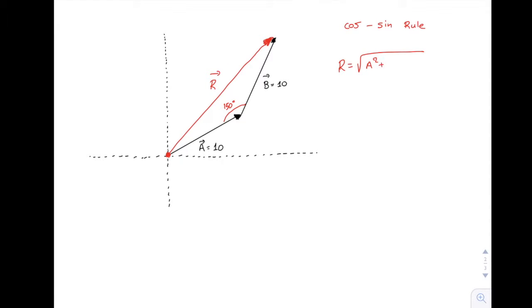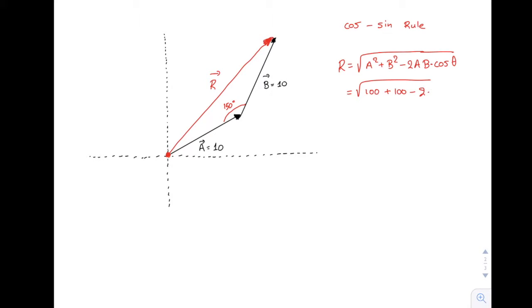In this case, the resultant vector R will be equal to the square root of a squared plus b squared minus 2 a times b times cosine of the angle between the two vectors, where we can substitute the values of a and b, and of course the angle between our vector A and our vector B is 150 degrees.